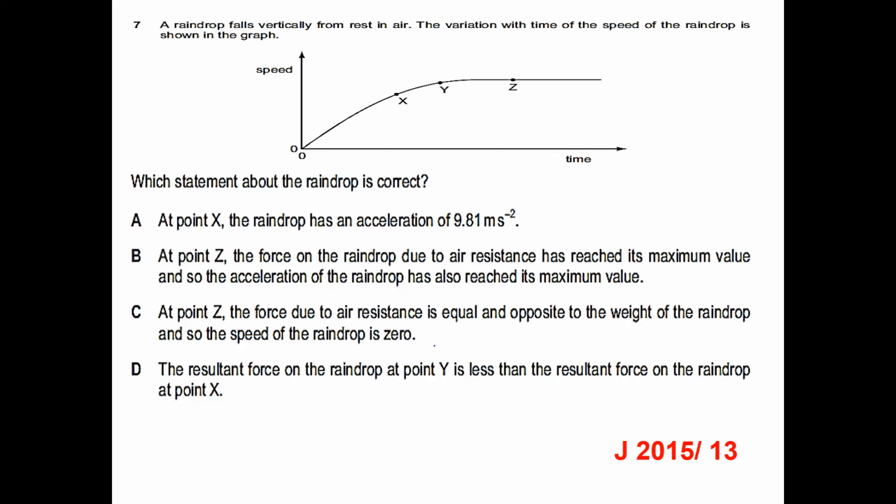Look at the first part. At point X, the raindrop has an acceleration of 9.8. 9.8 is a constant acceleration. And if you look at X, the graph is bending, so it cannot be uniform acceleration.